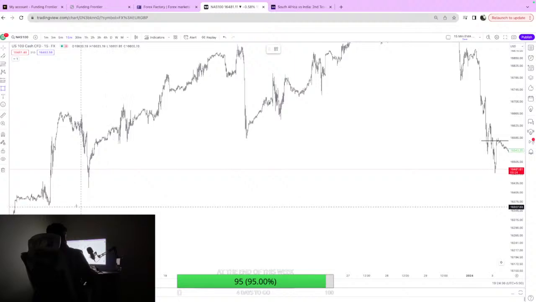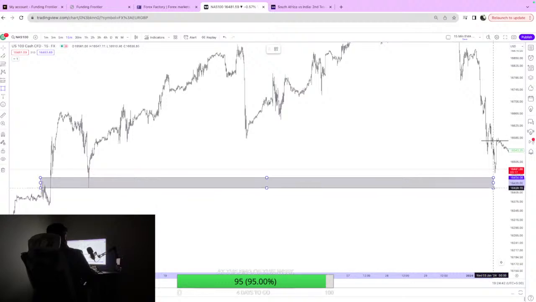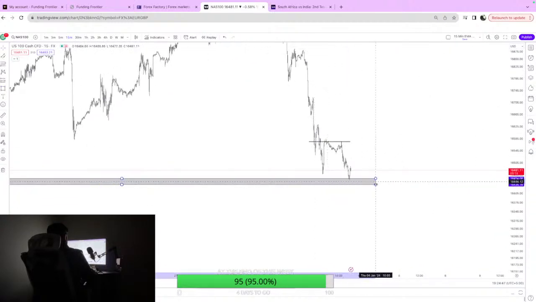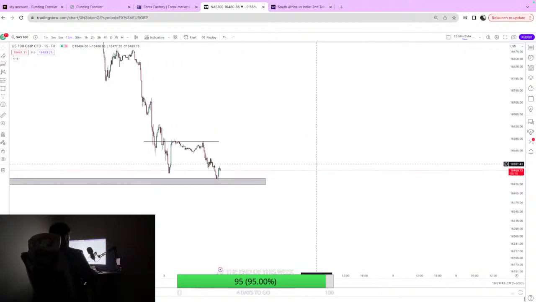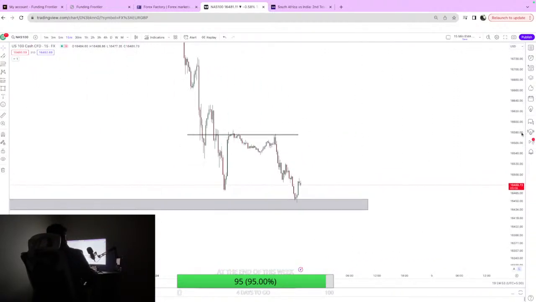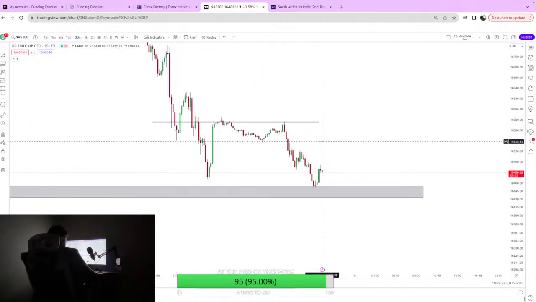I think this will be an important zone. There's no clear cut point right now. So let's have these two levels for today, and now we'll shift to 5 minutes time frame.